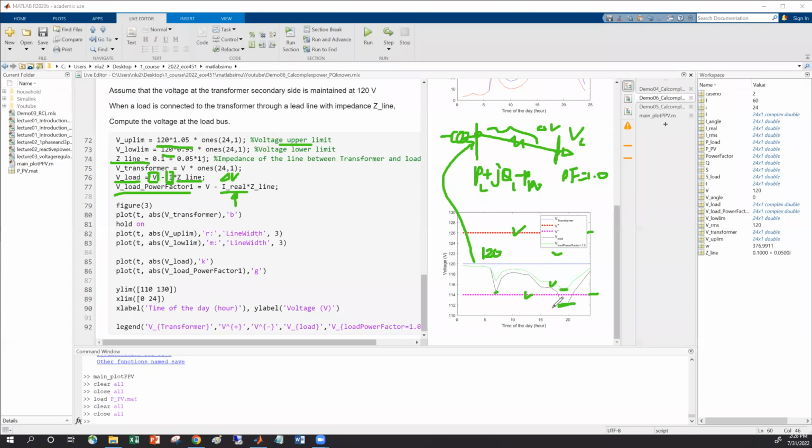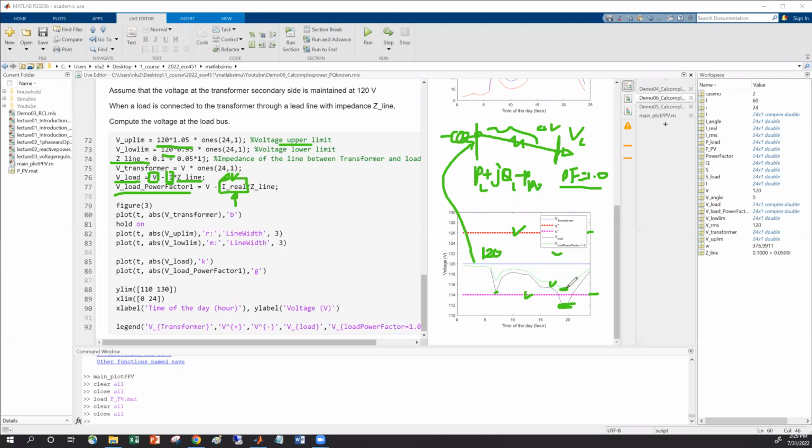That's why we want to do reactive power compensation, because we want to provide this reactive power locally. You can see that if I have the power factor not equal to 1, the voltage would drop below the low limit. But if I provide the reactive power locally and make the power factor equal to 1, I only need the main grid to provide the real current.